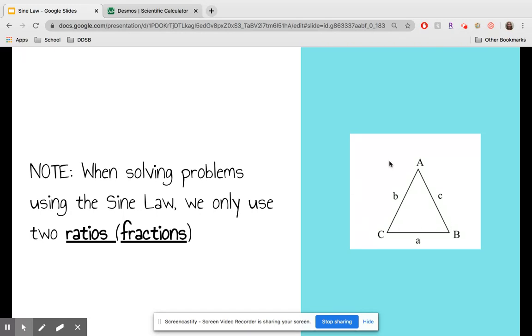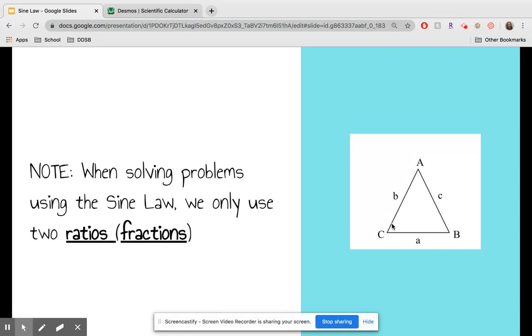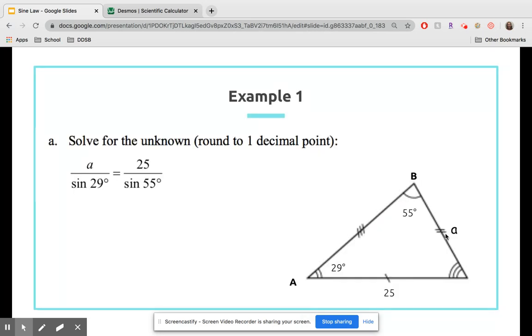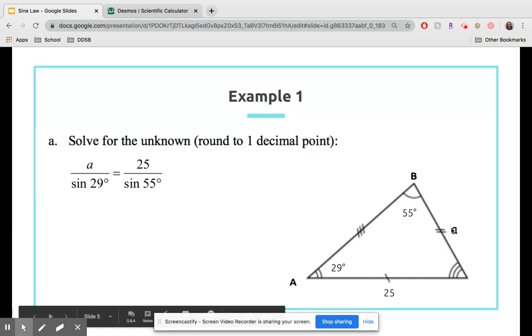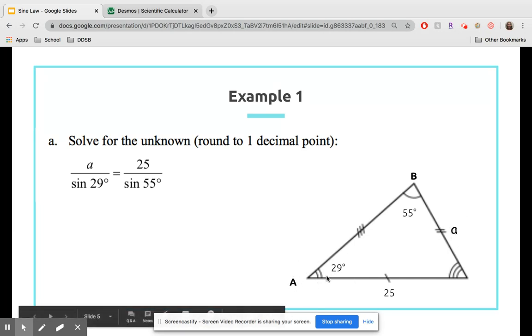This is a type of triangle that we would use the sine law with because there are no right angles. There's no 90 degrees in any of these angles. So solve for the unknown, and we're going to round to one decimal place. The side length of the unknown is a, which is across from big A, the angle of 29 degrees.